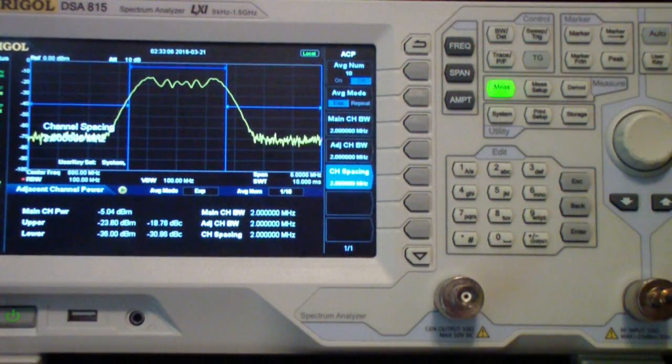Now I've set up basically the same experiment, but this time using the DSA-815 by Rigol to measure first adjacent channel power ratio, and then we'll do occupied bandwidth in just a second. Now I will point out that to do this on the Rigol, you must buy the advanced measurement function.